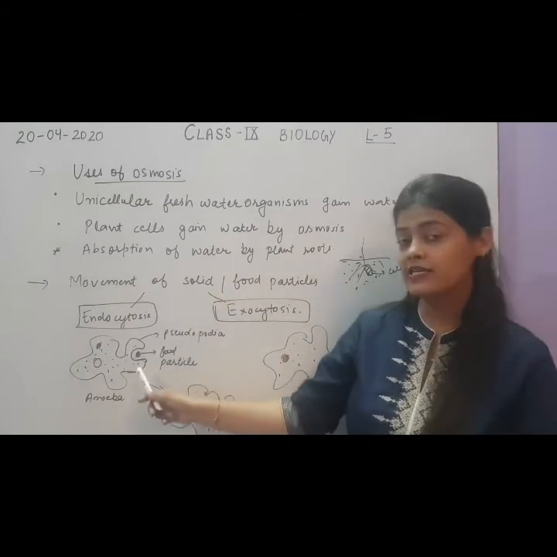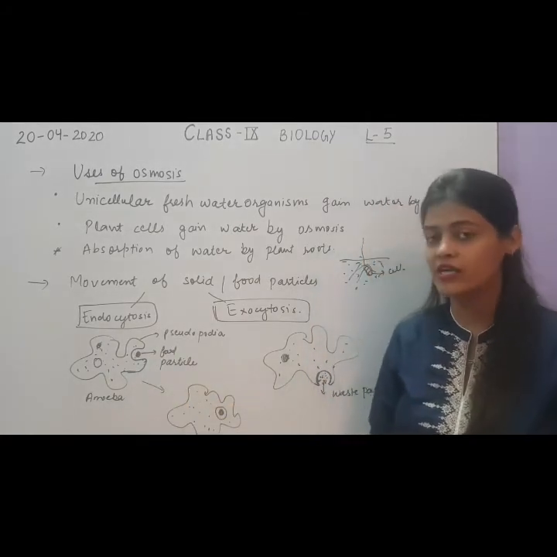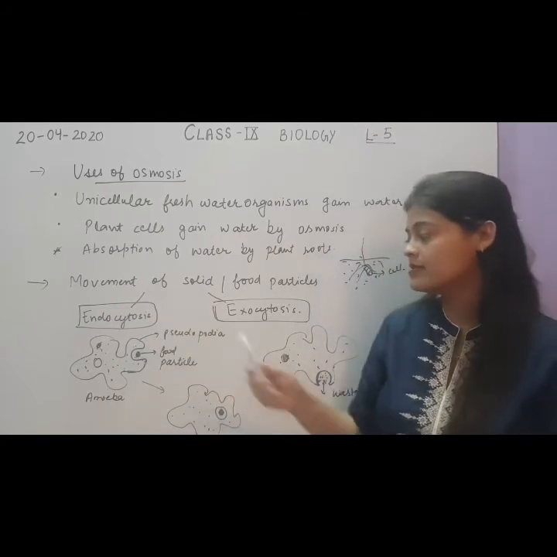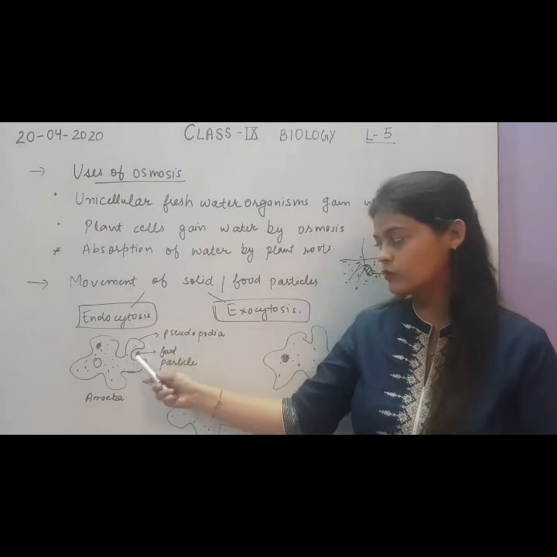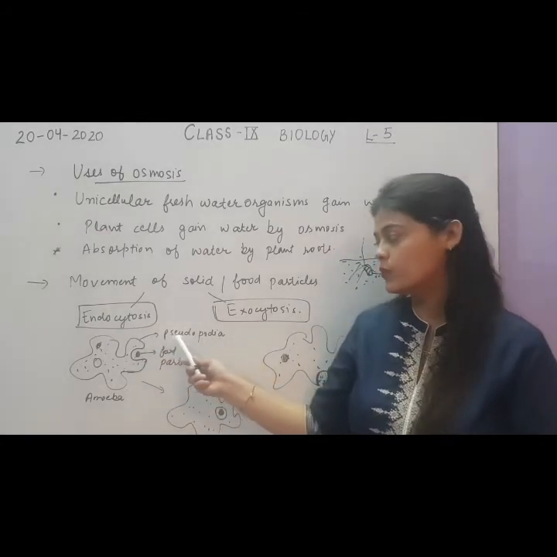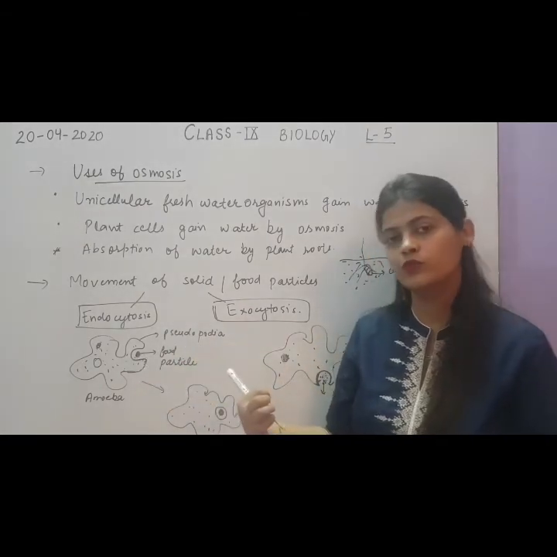Let's see in the case of amoeba, because you know that amoeba takes water with the help of osmosis, but when it has to take food particles, then when the food particle comes near the amoeba, there will be pseudopodia formation around the food particle. You already know that pseudopodia are basically for movement as well as for collection of food particles.